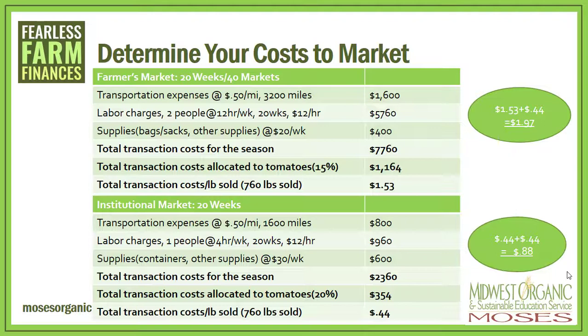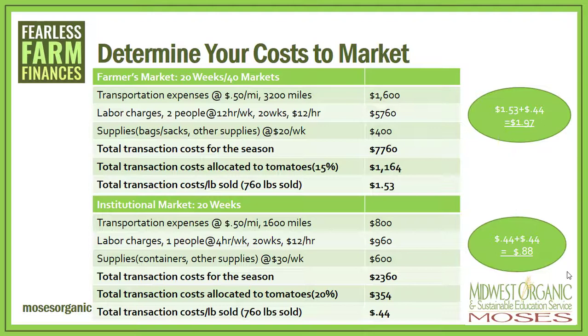So you say, of all of that, you estimate that tomatoes are about 15% of your market. So in all of your produce that you take, tomatoes are 15%. So if we took 15% of the total transaction cost, that would get us $1,164 just for tomatoes.